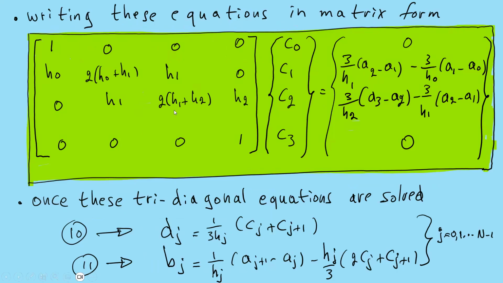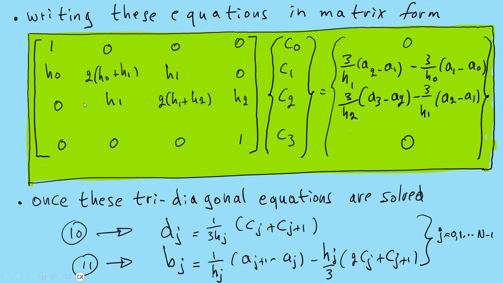This is the matrix that we find for finding the C coefficients. The first and the last row come from the boundary conditions, the free end conditions or natural splines.